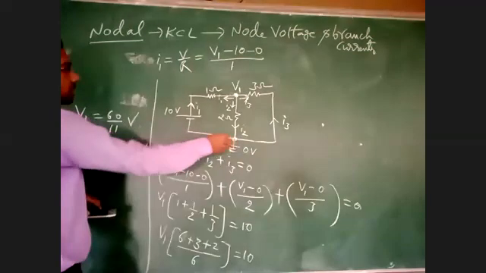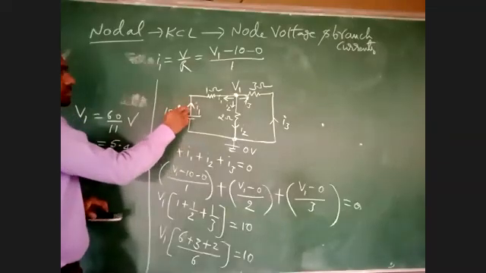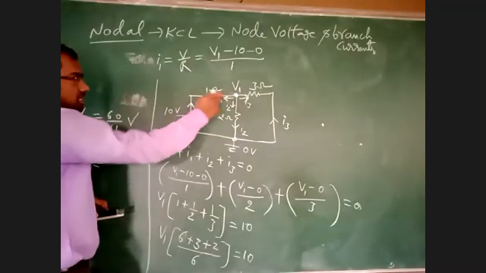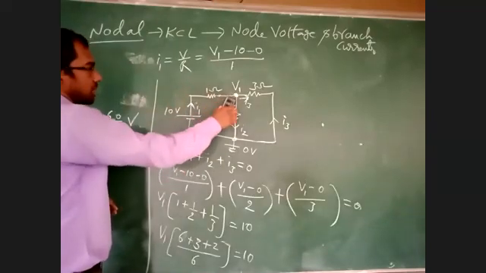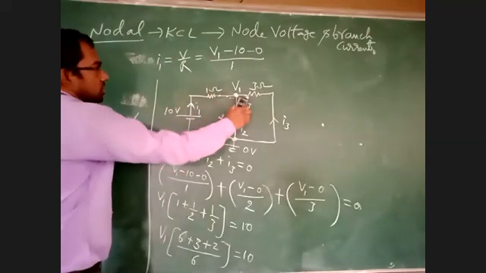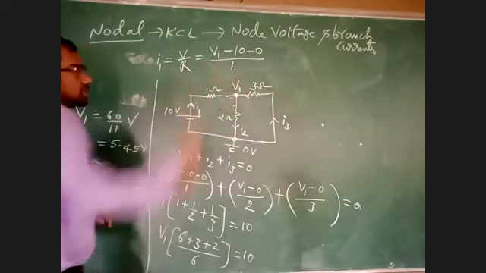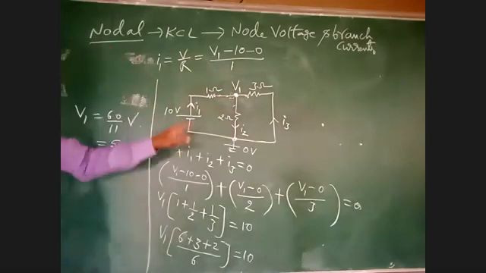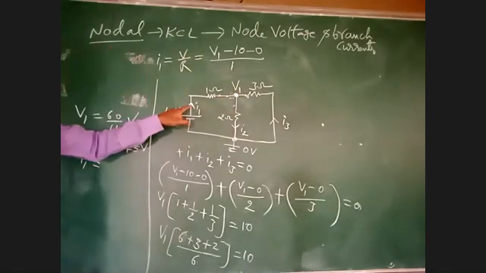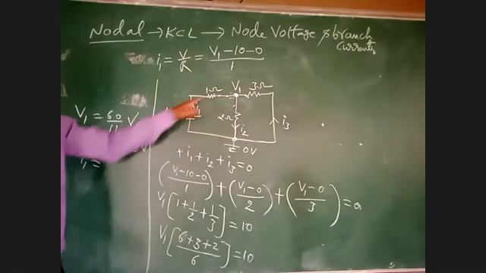See the direction of I1. I1 is flowing from 0 to V1. Now forget about this assumed direction. This assumed direction is only for determining the node voltage. Once you determine node voltage, there is no necessity of assumption. Now come to the actual direction. This I1 is moving from 0 to V1.